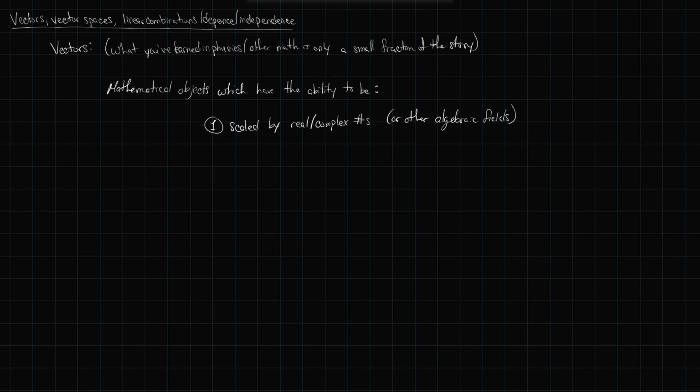But for any sort of physical reasons, you don't care about the other algebraic fields. So we're going to say it's a mathematical object which has the ability to be scaled, which is the same as multiplied, by real or complex numbers, but we don't worry about the other ones. And secondarily, added together.